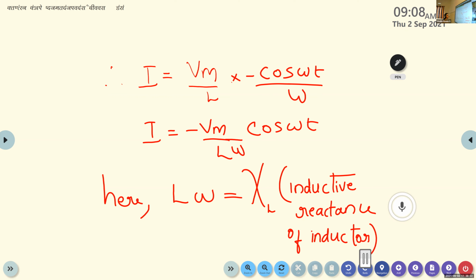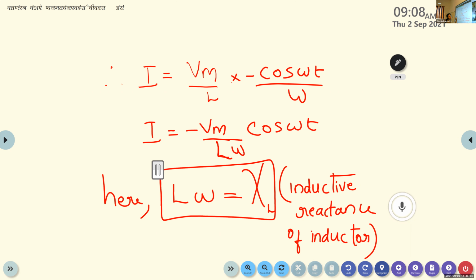So here we get I is equal to minus Vm by Lω into cos ωt, but this Lω is equal to XL. XL is the inductive reactance of the inductor. You don't need to study the derivation for this inductive reactance. Study this equation: Lω is equal to XL. XL is the product of L into ω, and this XL is known as the inductive reactance of the inductor.